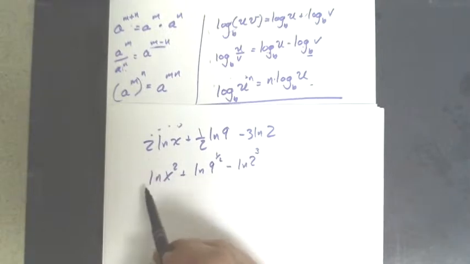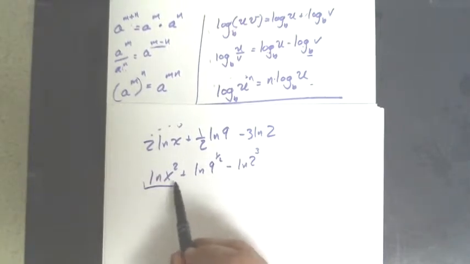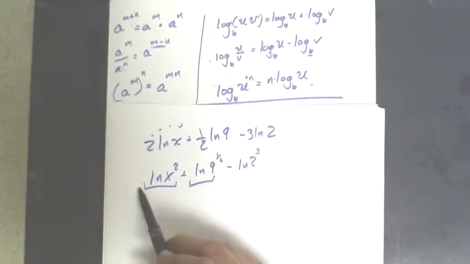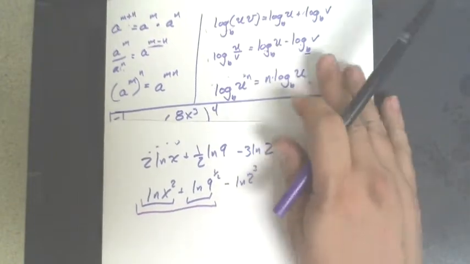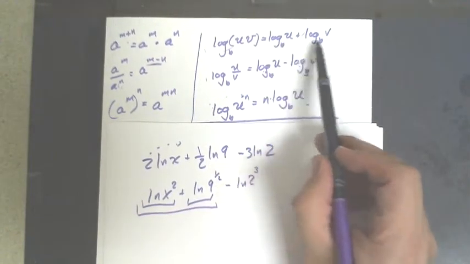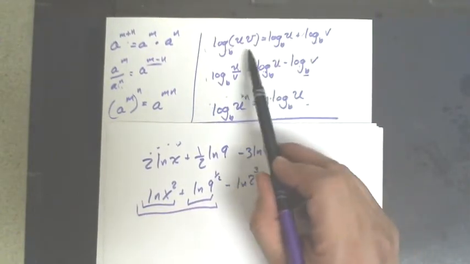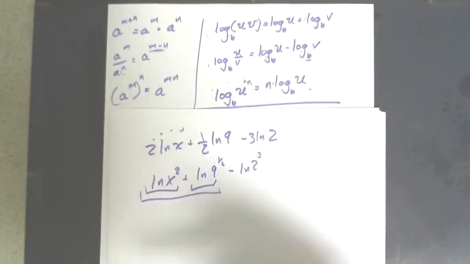Okay, great. Now we've got the natural log of this plus that. Well, what can we do with the addition of logs? With the addition of the logs, it turns into the log of the product.